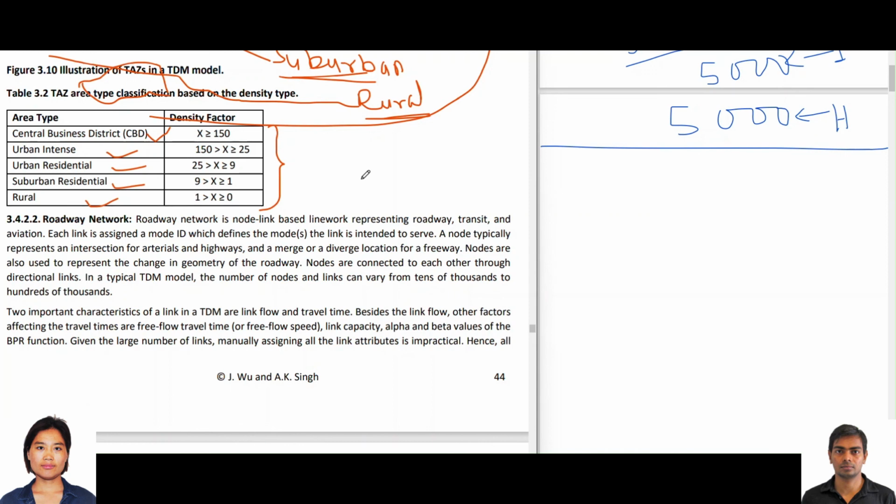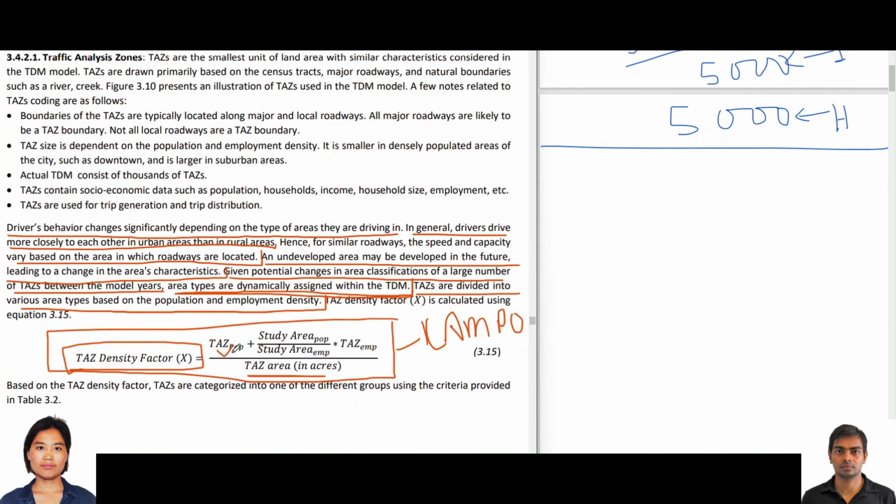And based on the population and employment density, an equivalent factor is calculated called TAZ density. And using the TAZ density, we categorize them into different categories. These factors by no means are standard. It will change from MPO to MPO. Even this formula will most likely change from MPO to MPO.